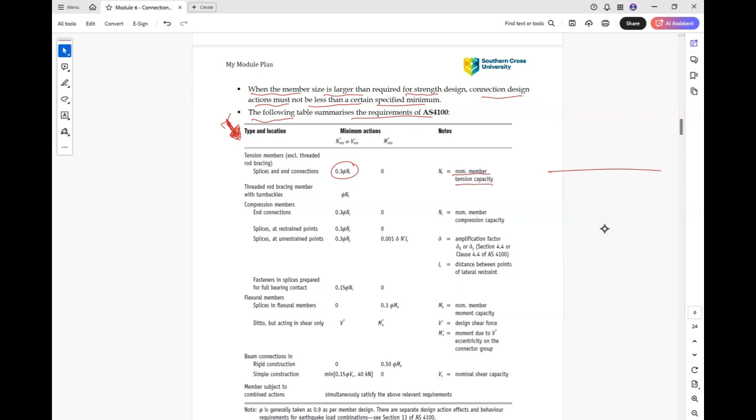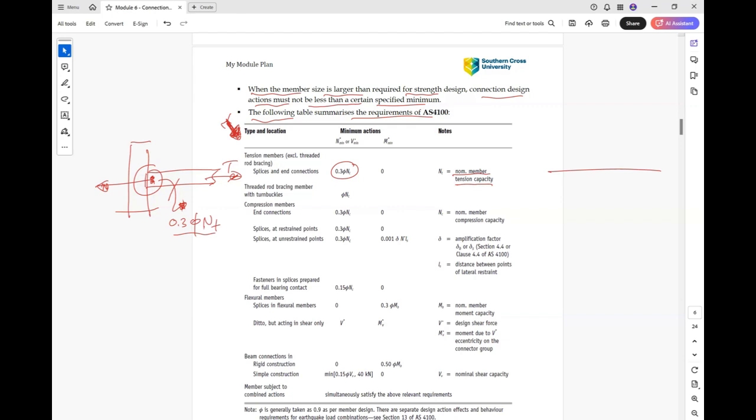So if you are designing a connection of a member under tension, you need to design this connection for 0.3 or 30% of the member capacity.